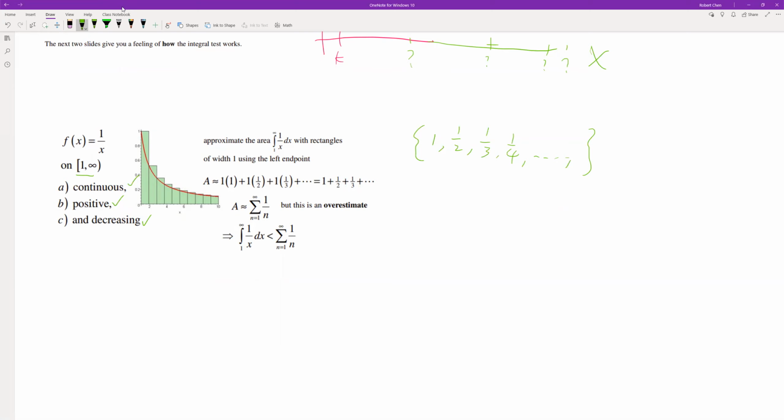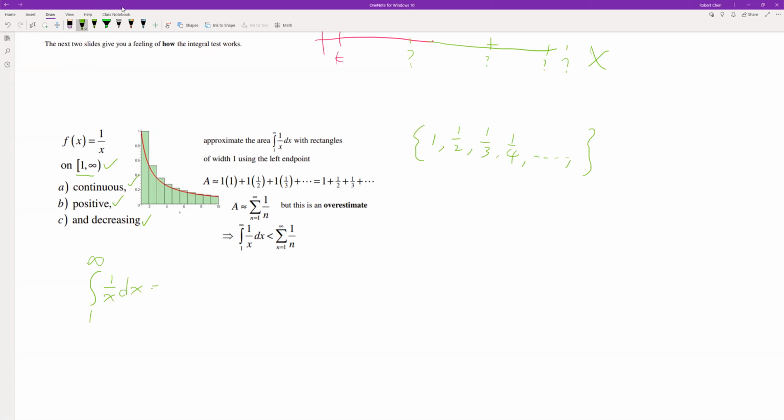So let's check out the integral test. We take the integral from 1 to infinity of 1 over x dx. The integral test says if this thing converges, then the series will converge. If this integral diverges, then the series will diverge.